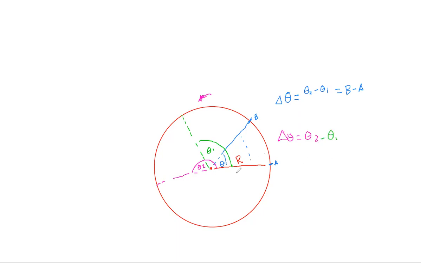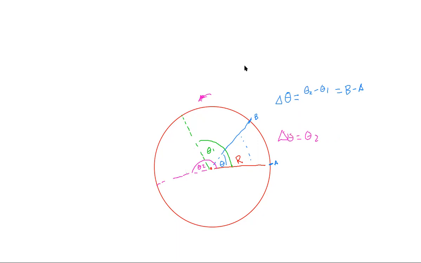Just for consistency. So that theta 2 minus theta 1 is really just this angle here. That's my delta theta, the difference between those two. Okay, so that shouldn't be particularly surprising. It should be reasonably intuitive.